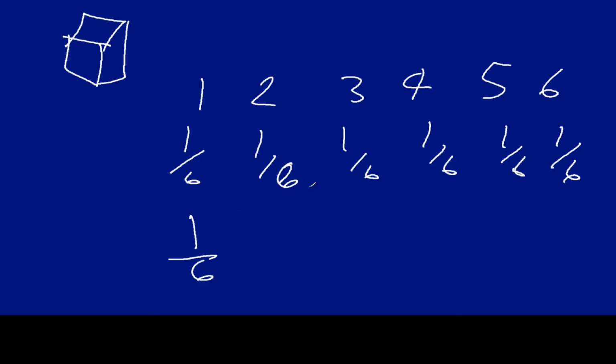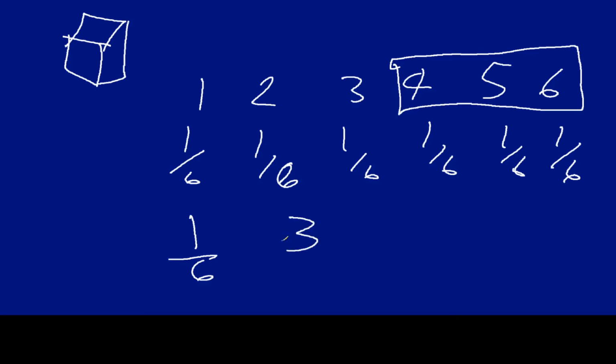Now, if we look at this differently, what is the probability of getting a number that is bigger than 3? So let's see here. You can clearly see that there are 3 numbers bigger than 3. So this time, my event is going to have 3 elements, because there are 3 numbers bigger than the number 3.